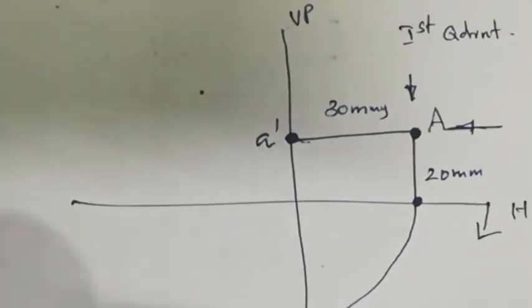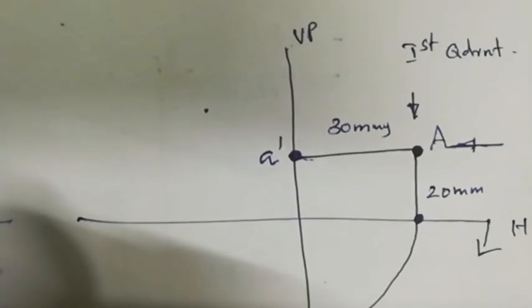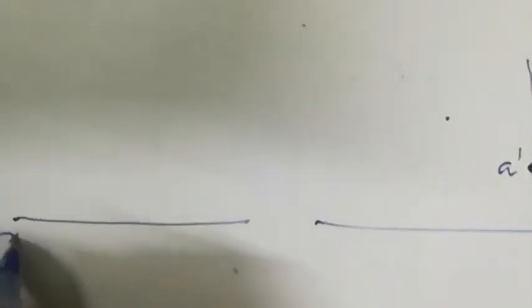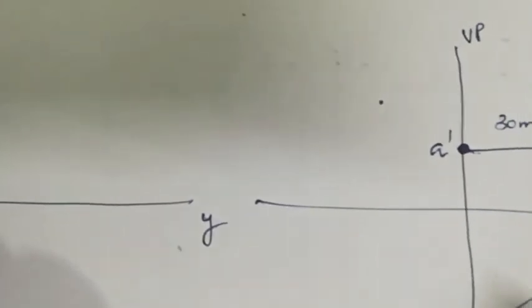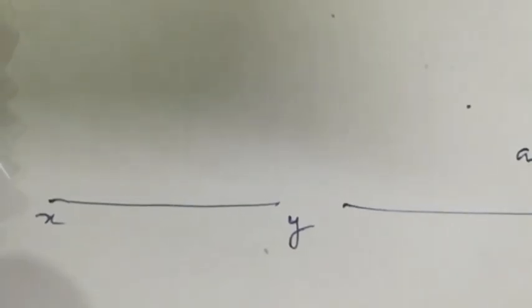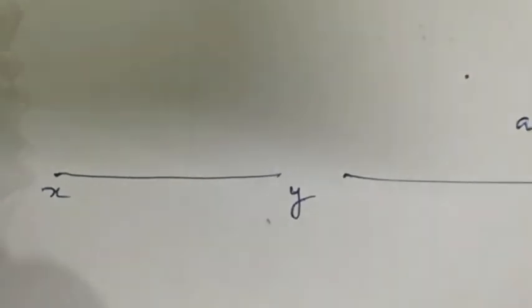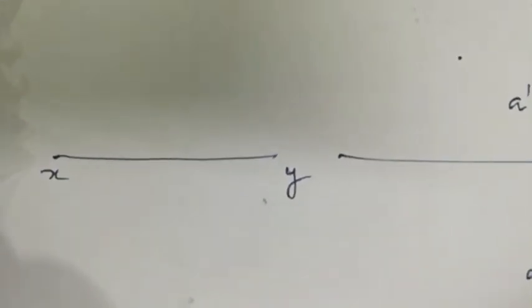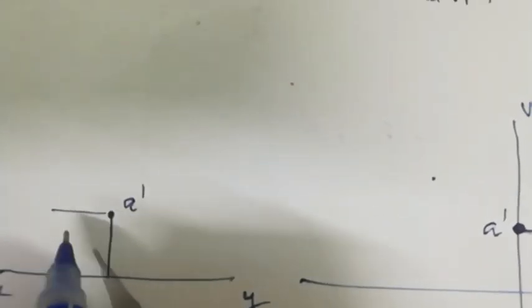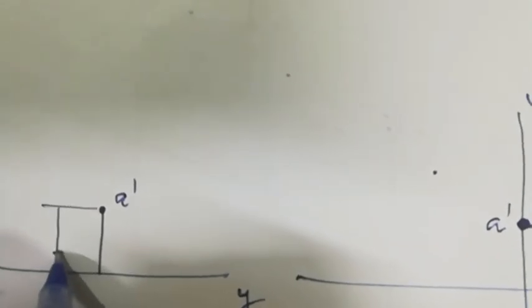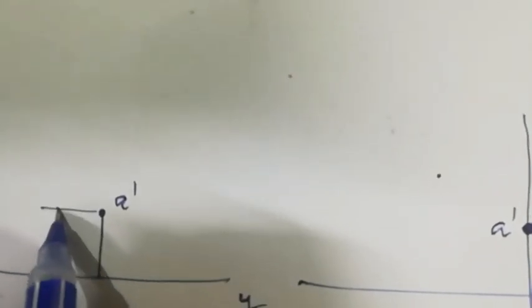So if we draw separately, first we have to draw a line that is called the XY line. It is nothing but the intersection of the horizontal plane and vertical plane. The intersection of HP and VP is a line, and that is called the XY line. And in this example, the front view will be obtained 20 mm above the XY line, and this is a dash, and we can dimension it here.